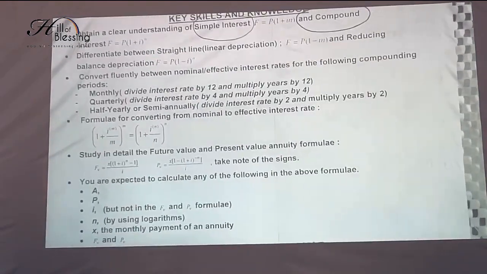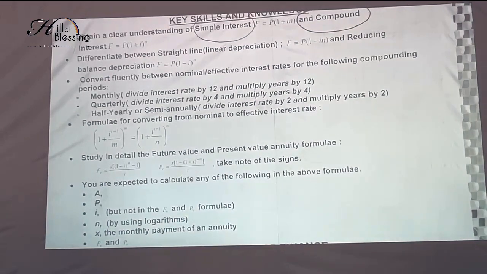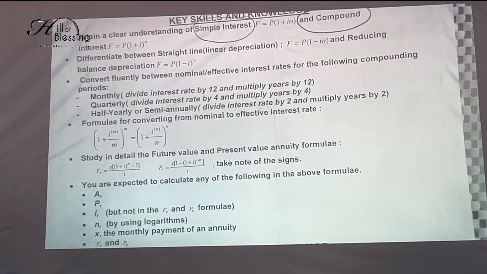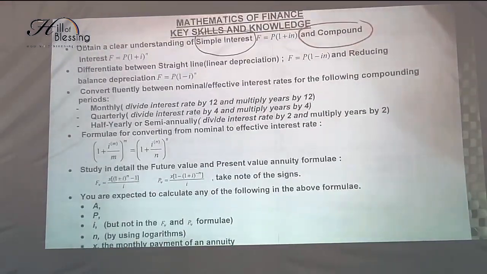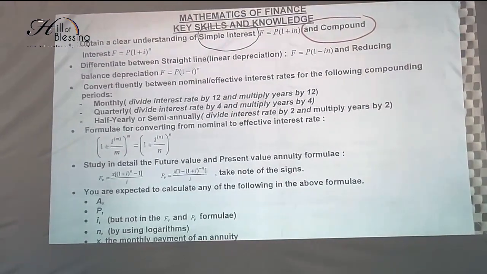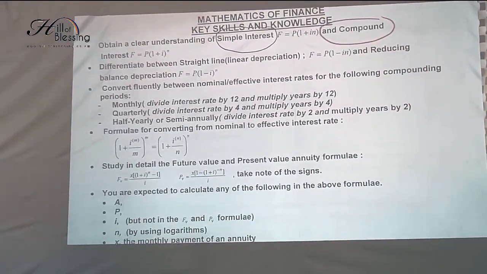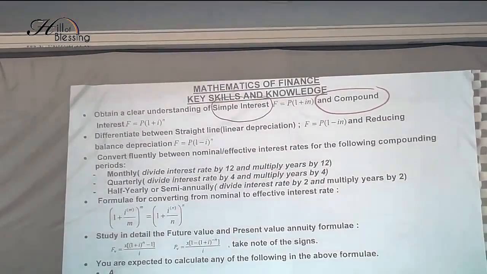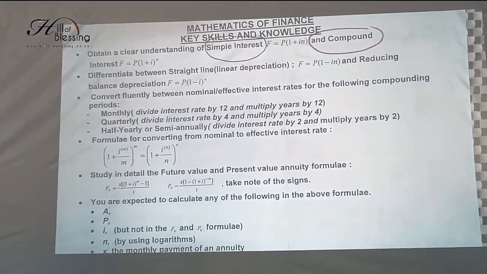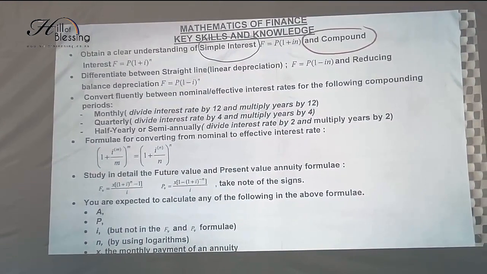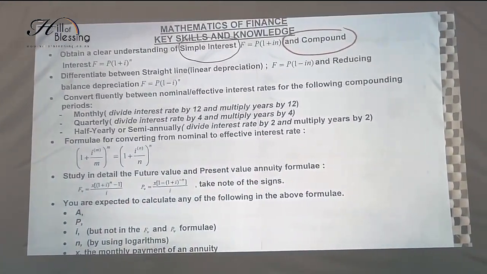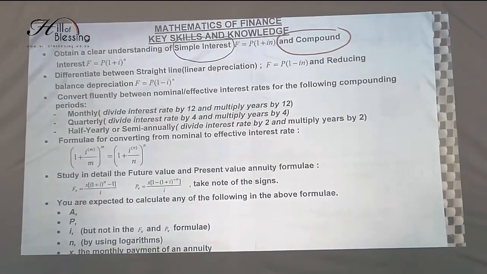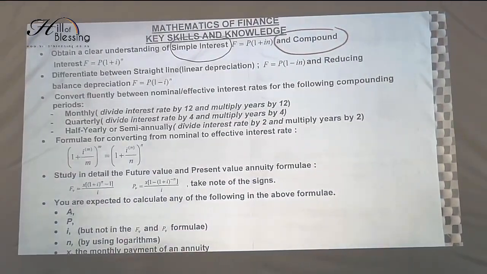Right. If you look at converting fluently between nominal and effective rates, there is a formula: monthly, quarterly, half yearly, right? Or you can have biannually, which I didn't include. The formula for converting from nominal to effective rate is that. So if you want to change from nominal to effective, you can use that formula.